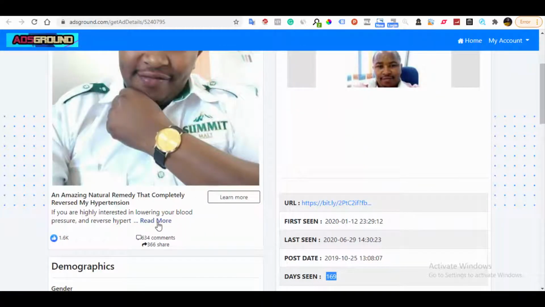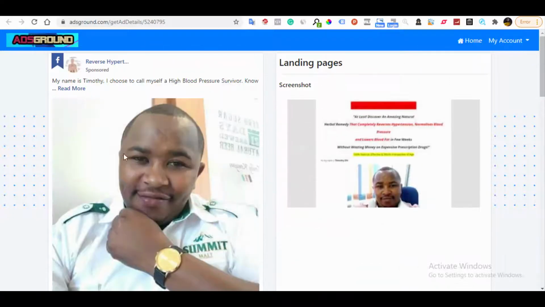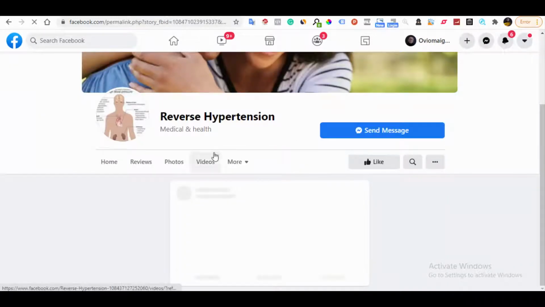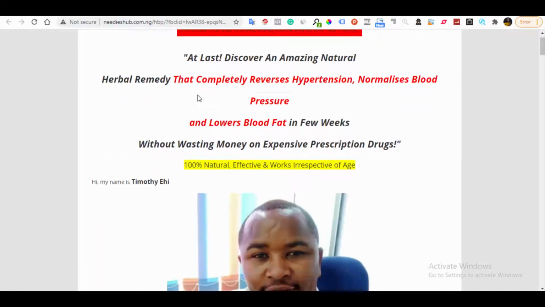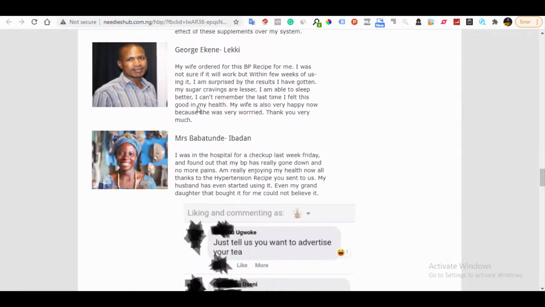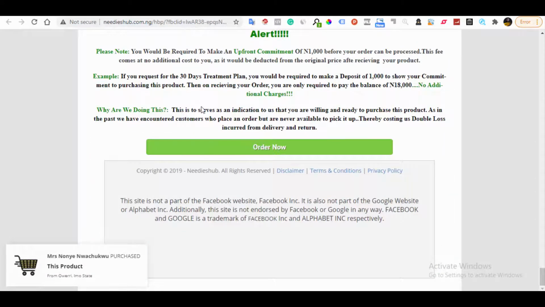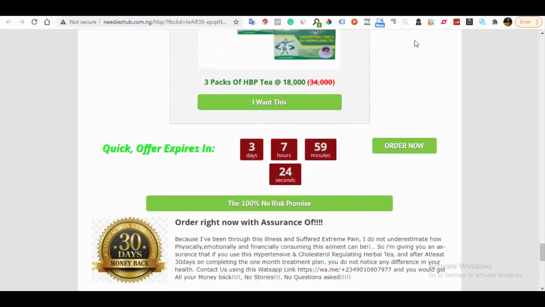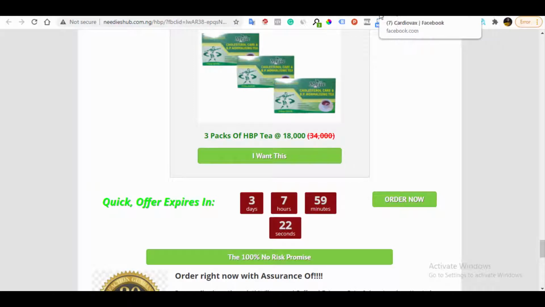For instance, we can view it on Facebook. What I mean by looking into the ad section is, that's what I want to show you, by the way. Look at their landing page. This is where they were sending people to from Facebook, and they were doing well with it for them to run the ads for a long time.